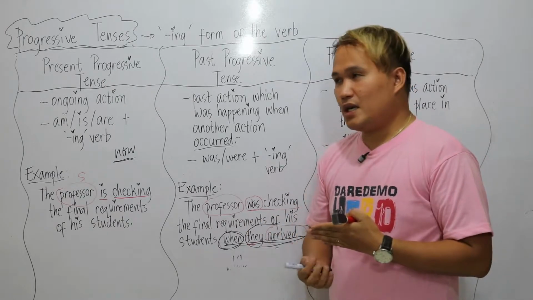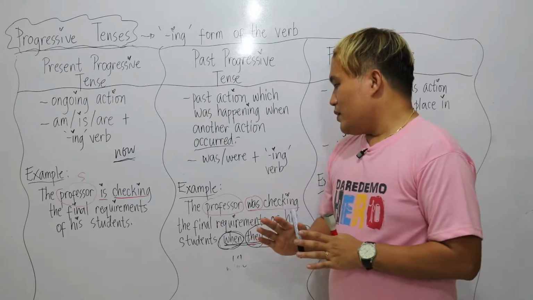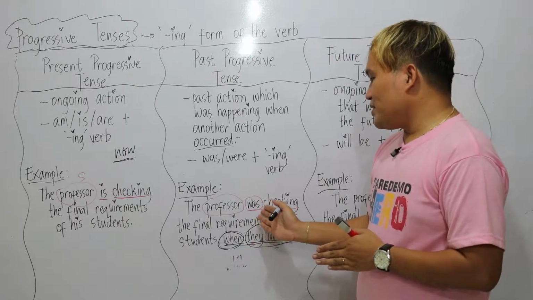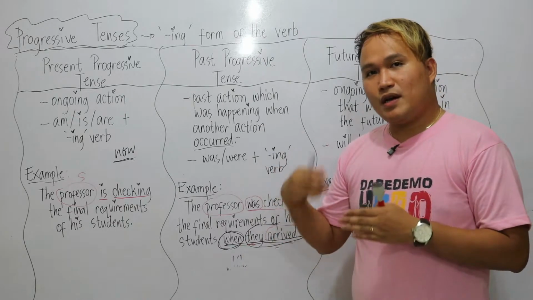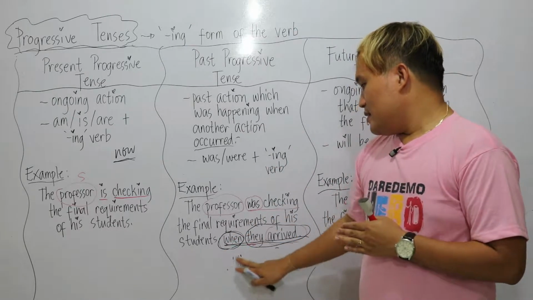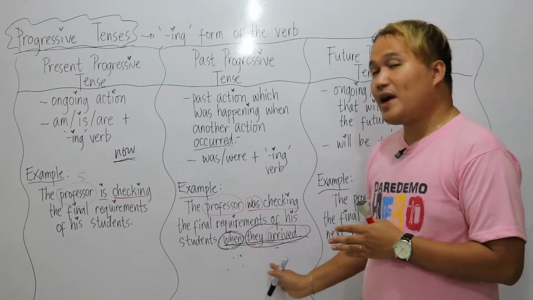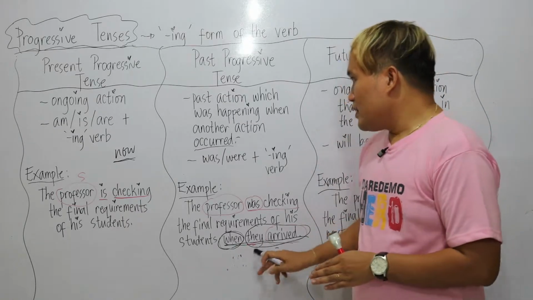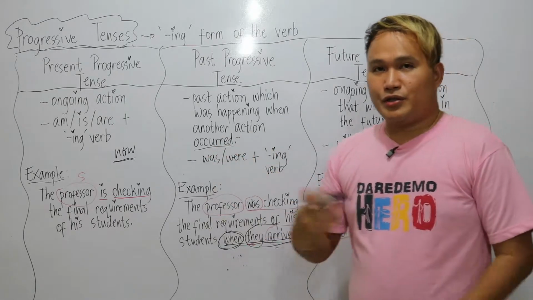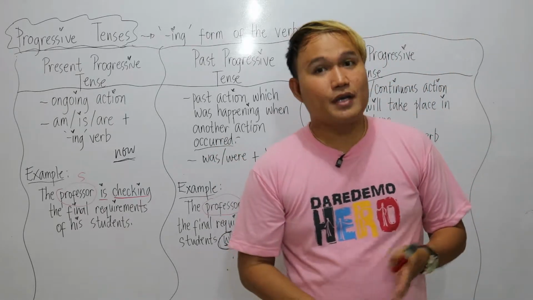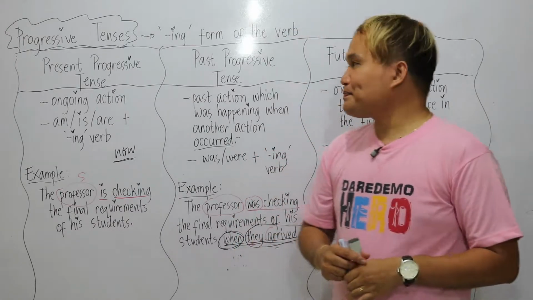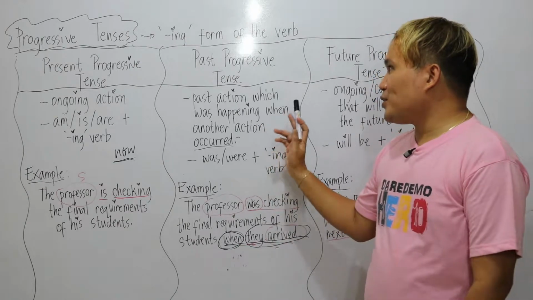So it shows that the professor was still checking when his visitors arrived. So two actions happened in the past, but another action has already occurred, or finished. That's what past progressive tense is all about.